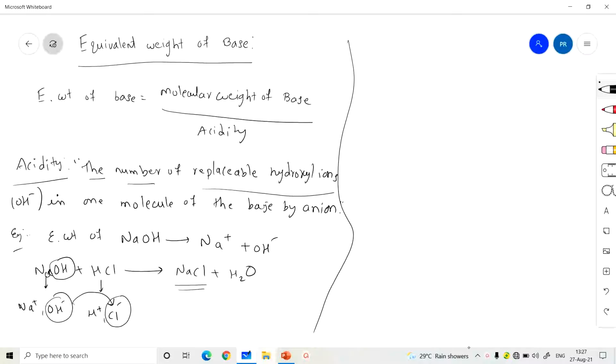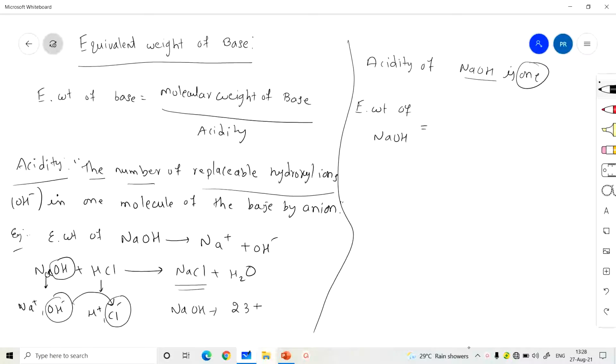Now come to the point. By seeing this data, the acidity of NaOH is 1. Acidity means the number of replaceable hydroxyl ions, so the acidity of NaOH is 1. Now the equivalent weight of NaOH is equal to the molecular weight of NaOH.